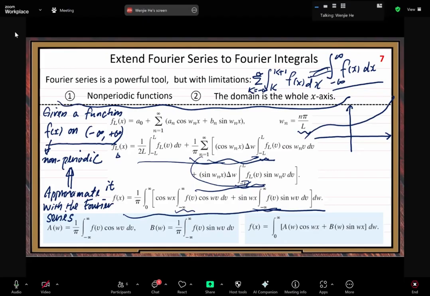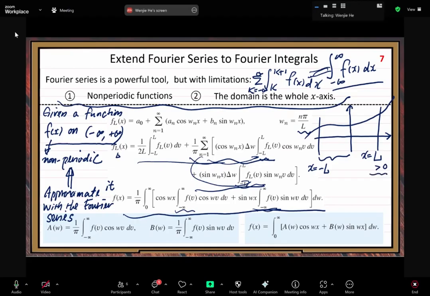We truncate this function, left-hand side and right-hand side, at some location: negative L on the left, and x equals L on the right. This L is some positive number that we can change.